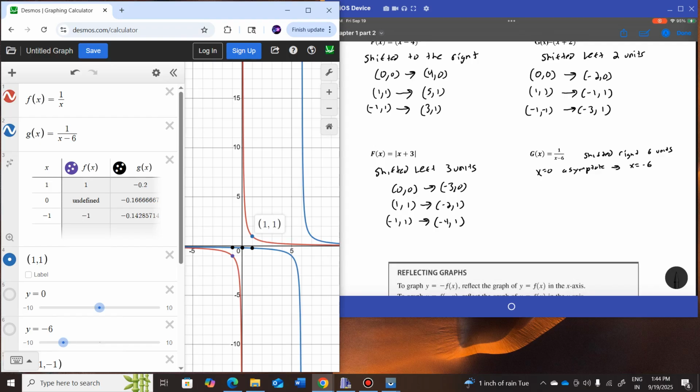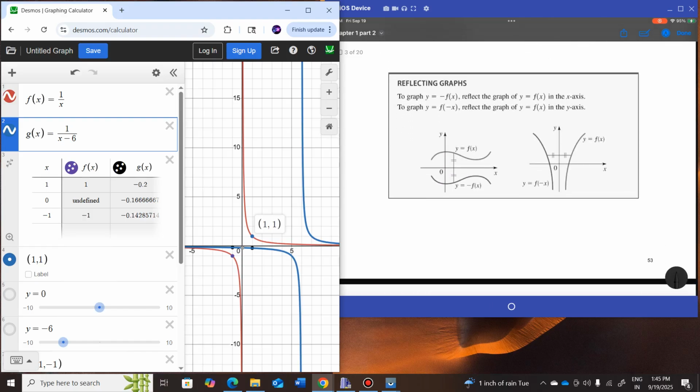The point 1, 1 shifts to 7, 1, and the point negative 1, negative 1 shifts to 5, negative 1. So these points shift 6 as well, but you also have to look at the asymptote and how that shifts.